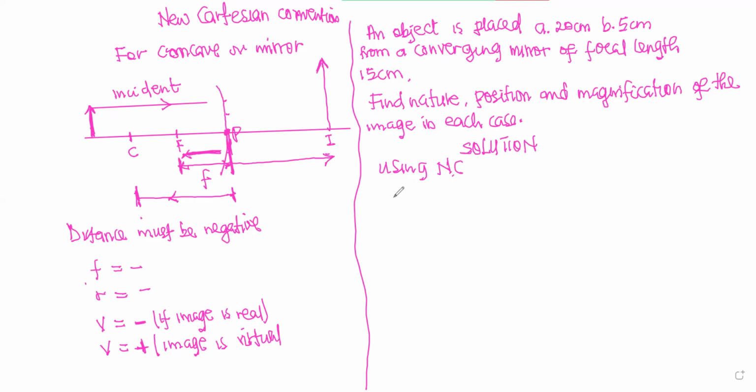So we have a concave or converging mirror. So if the direction of incident light is against the direction of measurement, that distance must be negative.